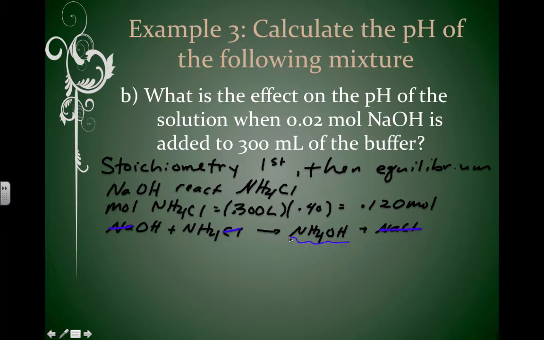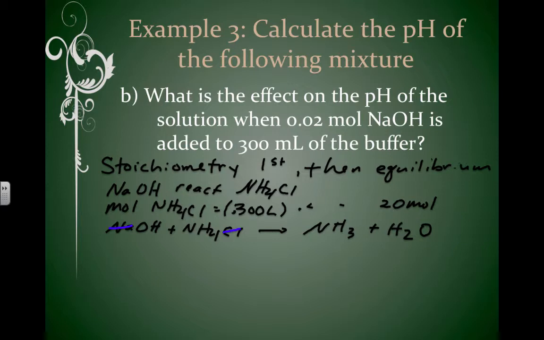And this NH4OH, when it forms in double replacement reactions, actually decomposes and forms ammonia and water. So we don't really have ammonium hydroxide, we just have ammonia and water in our system.